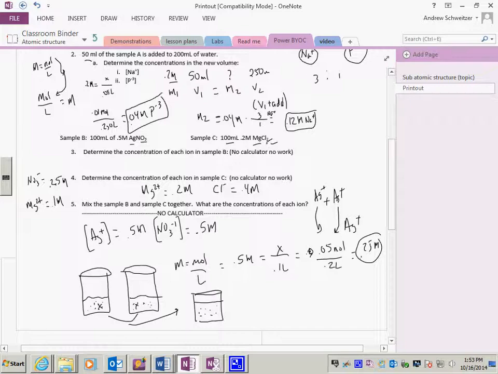Now the chloride ion is a little bit trickier. Because it breaks apart into two pieces, the 0.2 molarity doubles, times 2, to 0.4. But then, of course, we're doubling our volume, which cuts it in half again, back to 0.2, and that is my concentration for the chloride ion. Chloride ion concentration, 0.2.